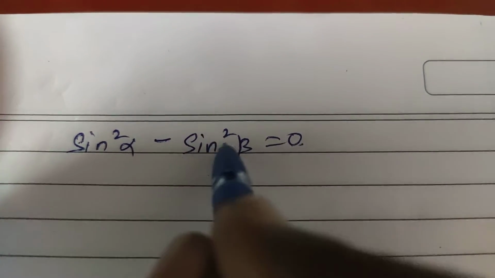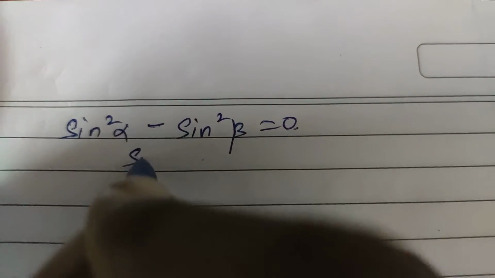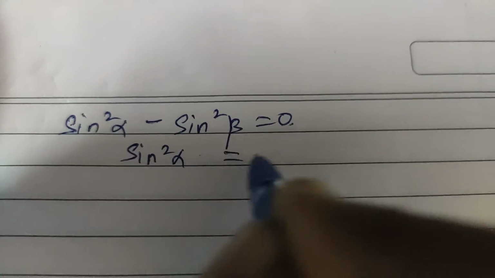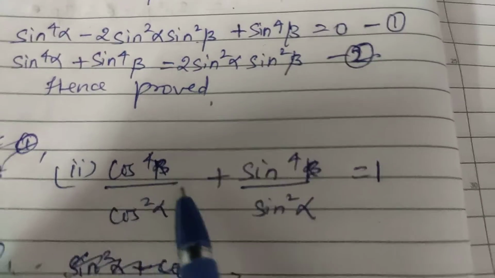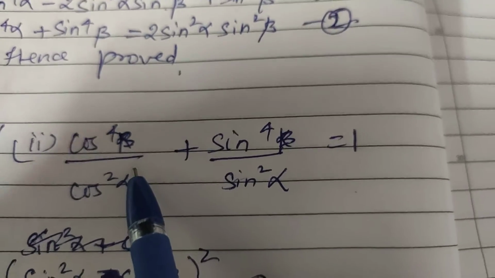So what will be the answer? Sine squared alpha minus sine squared beta is equal to 0. Take this to the other side, you will get sine squared alpha is equal to sine squared beta. In the sum, wherever there is beta, we can change it into alpha, right?